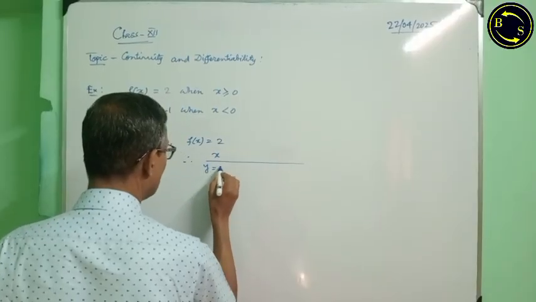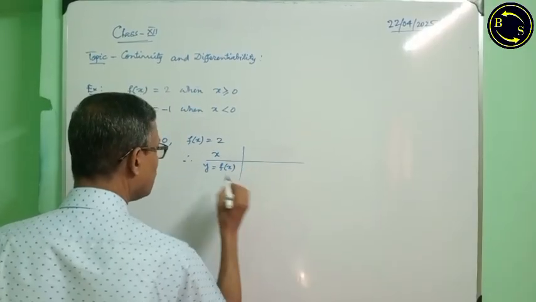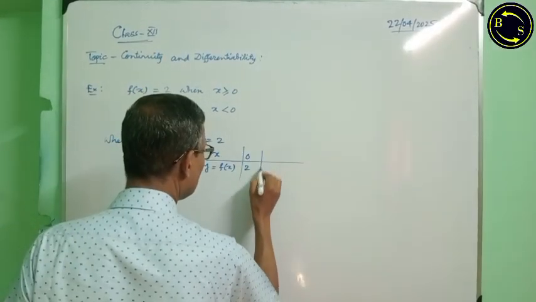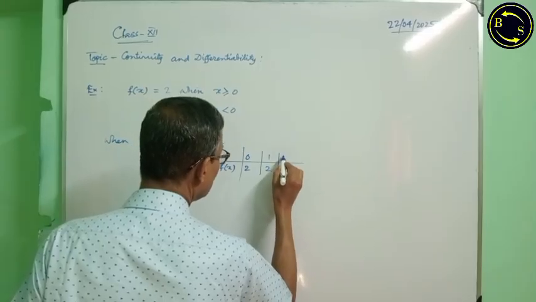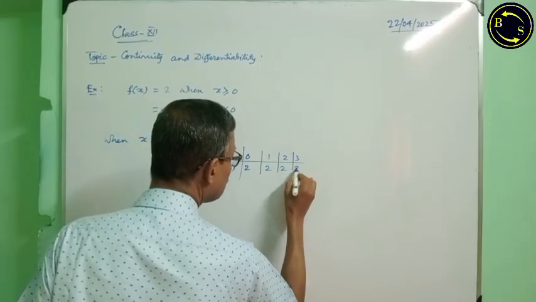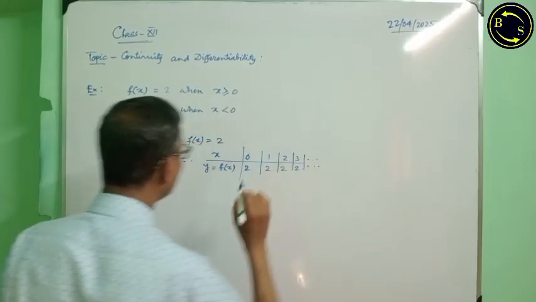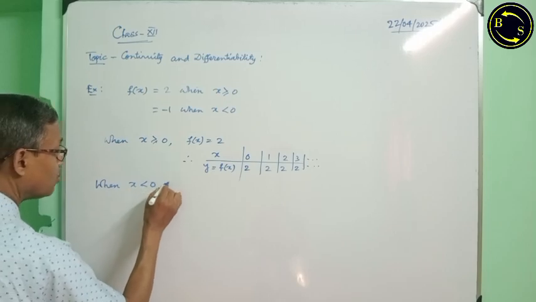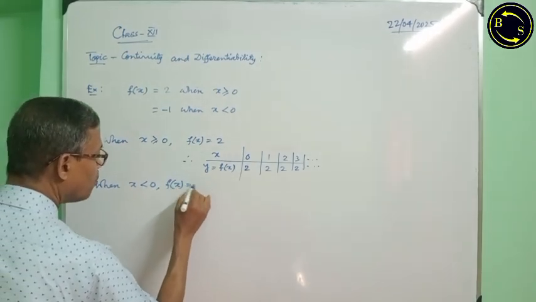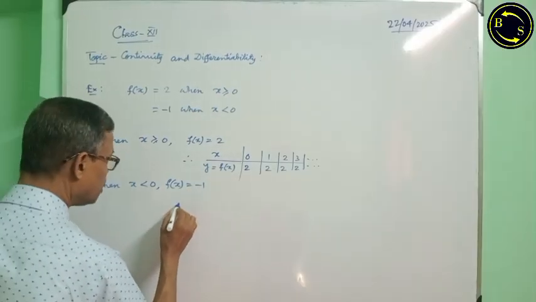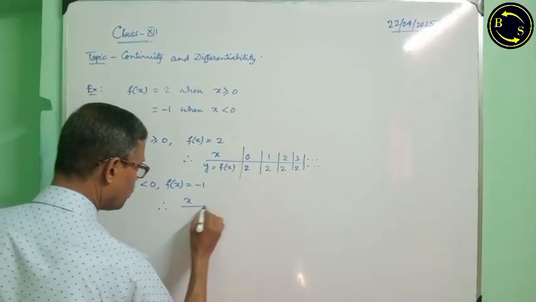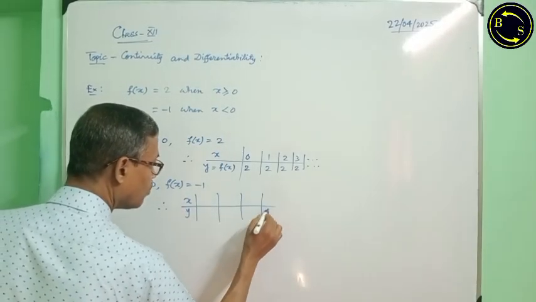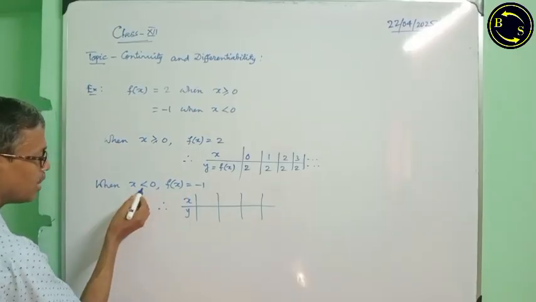I take y for f(x), then for 0 this is 2, 1, 2, 2, 2, 3, 2. When x is less than 0, f(x) equals minus 1, therefore if we make the chart, that will be less than 0.